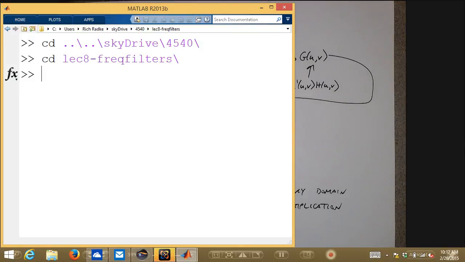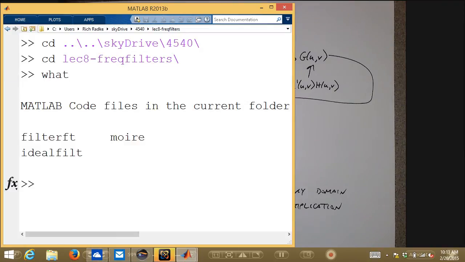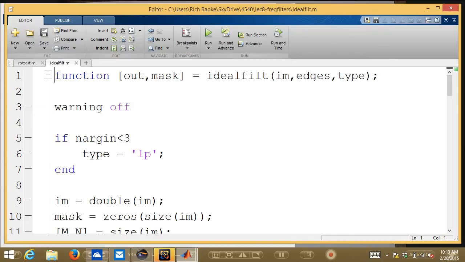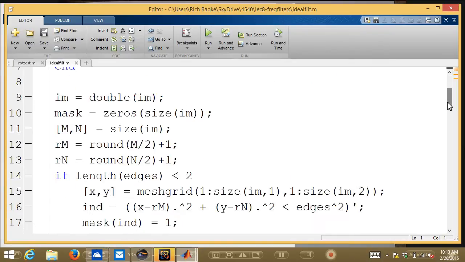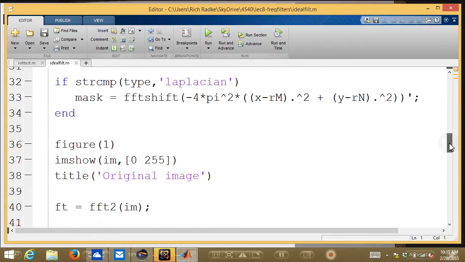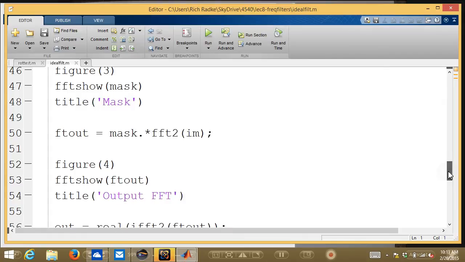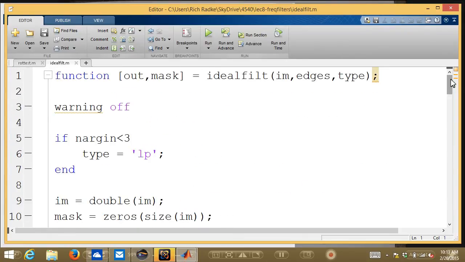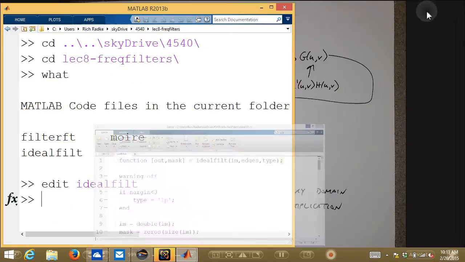All right, so I wrote myself a little function, and this is actually one of the things that I'm asking you to do on the homework. If I look at what I have in this directory, I wrote a little function called idealFilt that lets me generate a bunch of different kinds of filters. I can generate high-pass filters, low-pass filters, Gaussian filters, and so on, and then I can filter an image with it and see the results, right? This is just to make my life a little bit easier.